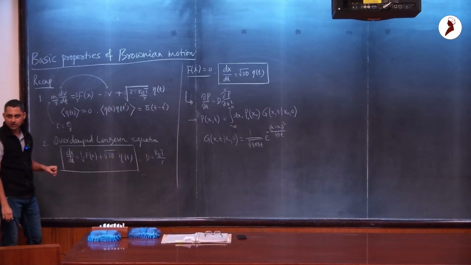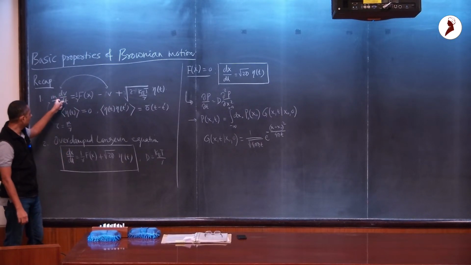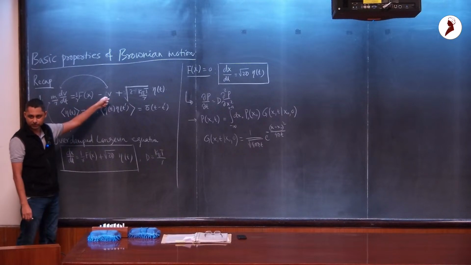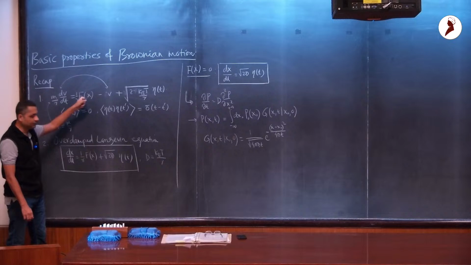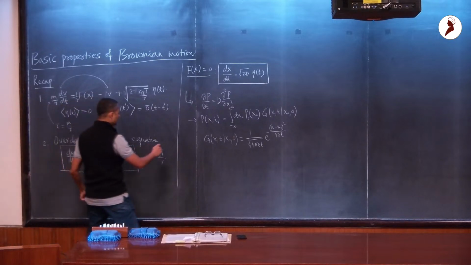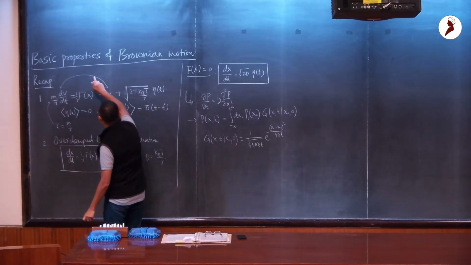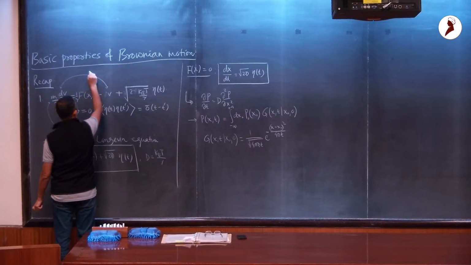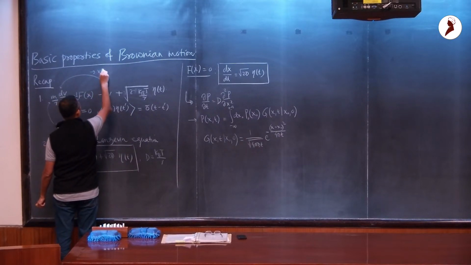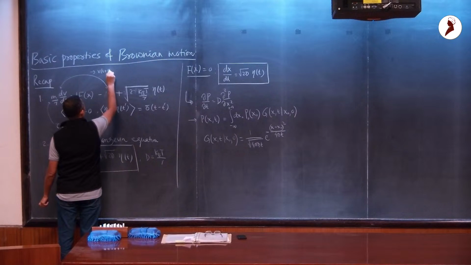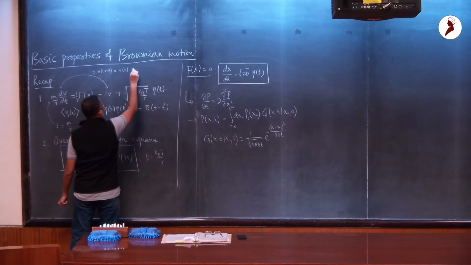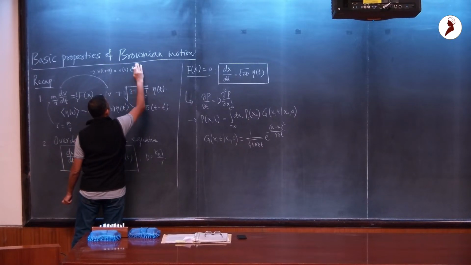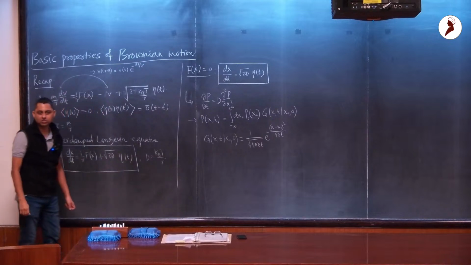If I just take this equal to this one, I know the solution. If I only take this term, what we will see is that V of t plus delta t is V of t times exponential of minus delta t by tau.